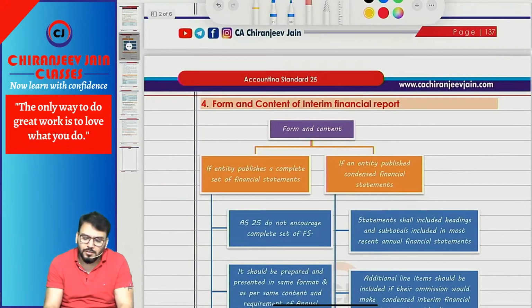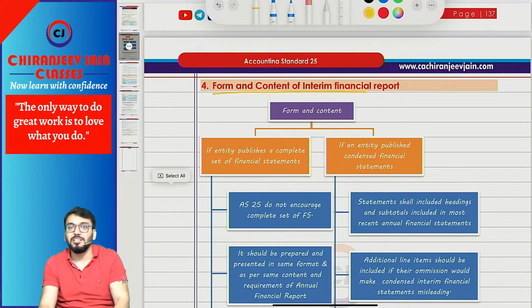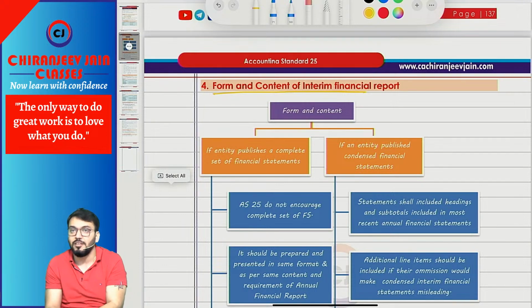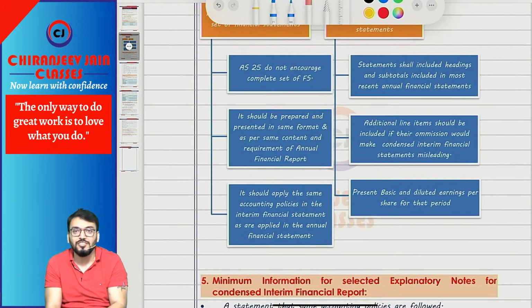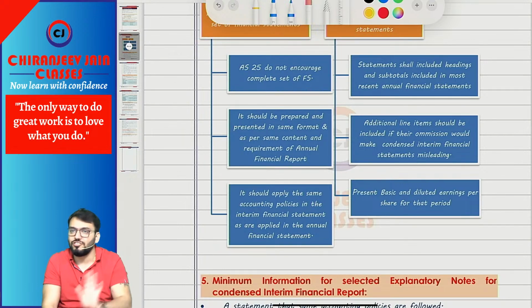Now, form and content of interim financial report means what will be the content of interim financial report? That depends upon whether you are preparing a complete set or condensed set of financial statements. When you are preparing a complete set of financial statements, AS 25 does not encourage it, but they have given an option. What they said is it is to be prepared in the same format and same content as the annual financial statement.